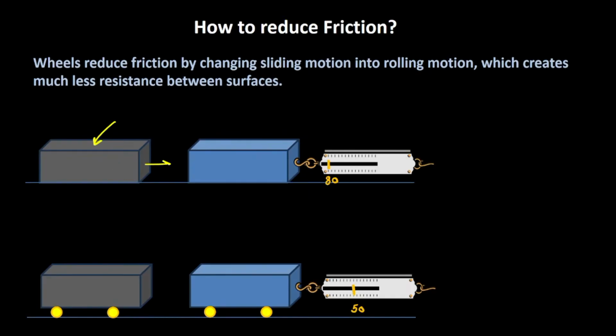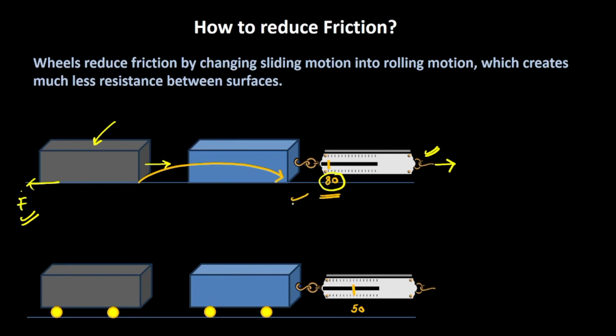As the box starts to move, there would be a frictional force created, and this frictional force will oppose the movement of the box. If I try to move this box with the help of this spring balance and apply a force in this direction, the reading in the spring balance will give me some idea about the frictional force. The more the reading, the more the frictional force. So in this case, if I'm moving this box from this position to this position, let's say the reading in the spring balance is about 80.